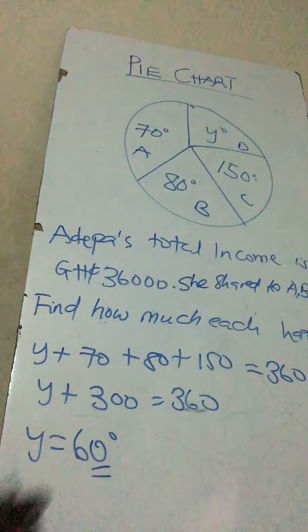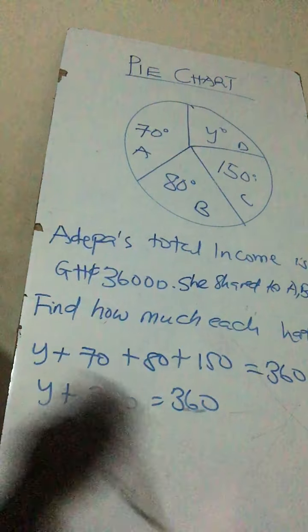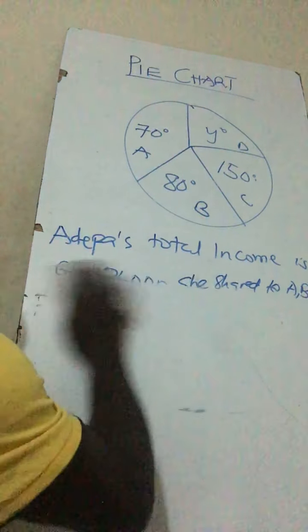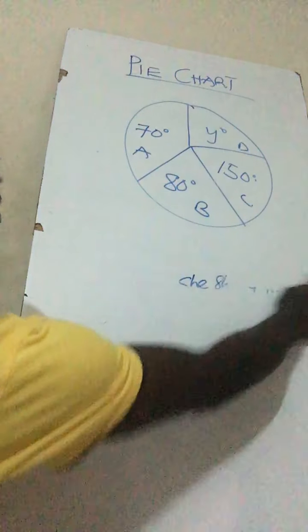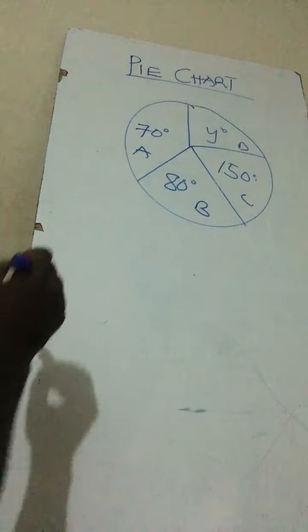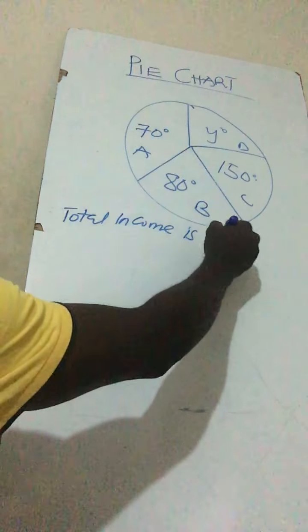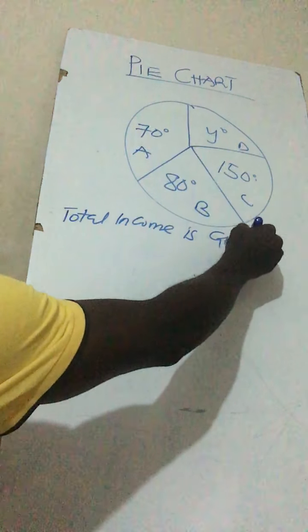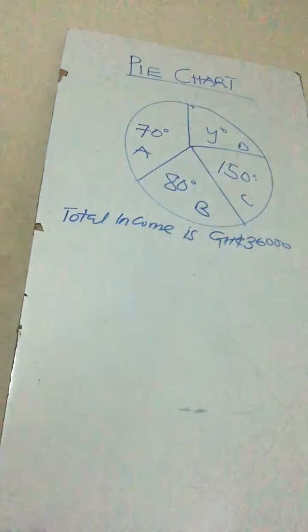okay, now let's clean this so we can get space on the board. Okay, you get it? So now A, you know that the total income is 36,000.